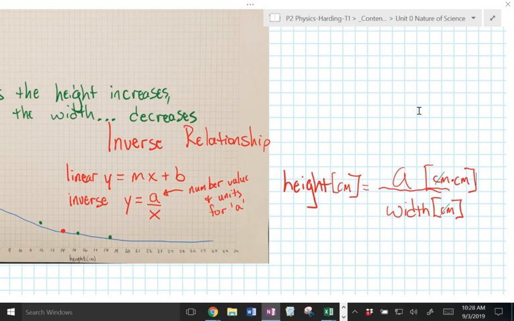We're using units to clue into what that 45 might represent. So if we look at this, what might 45 centimeters squared be? They might all have the same area.